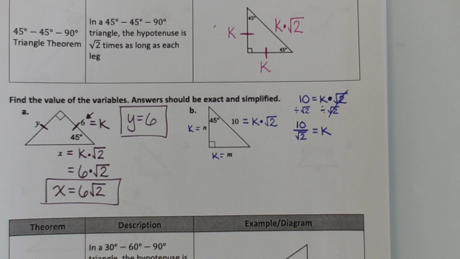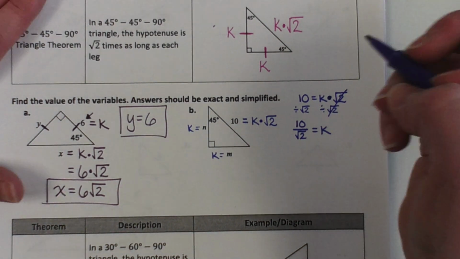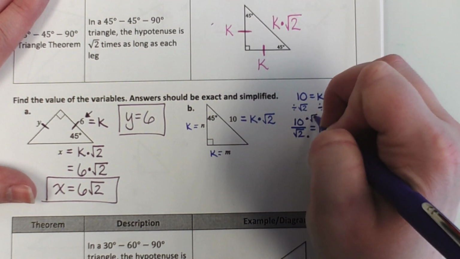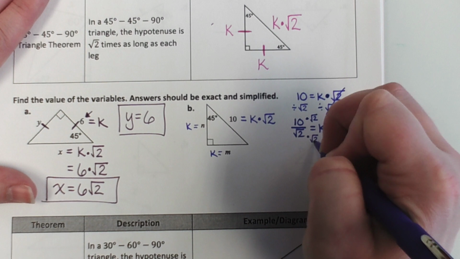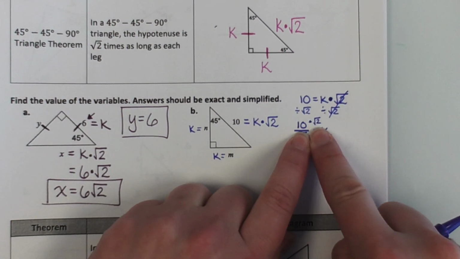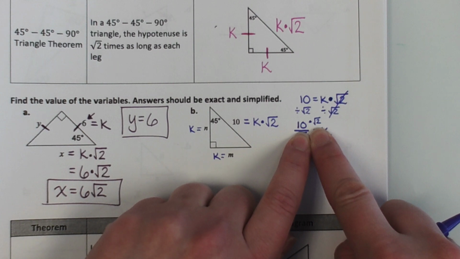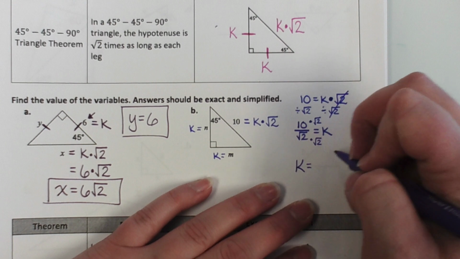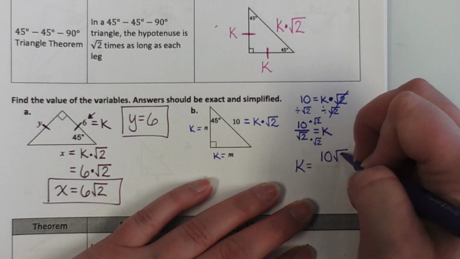No. To get square roots out of denominators, I multiply both the top and the bottom of the fraction by the square root that's in the denominator. In this case, square root of 2. 10 times the square root of 2. Does that simplify? No. Becomes 10 times square root of 2, and I write that out.